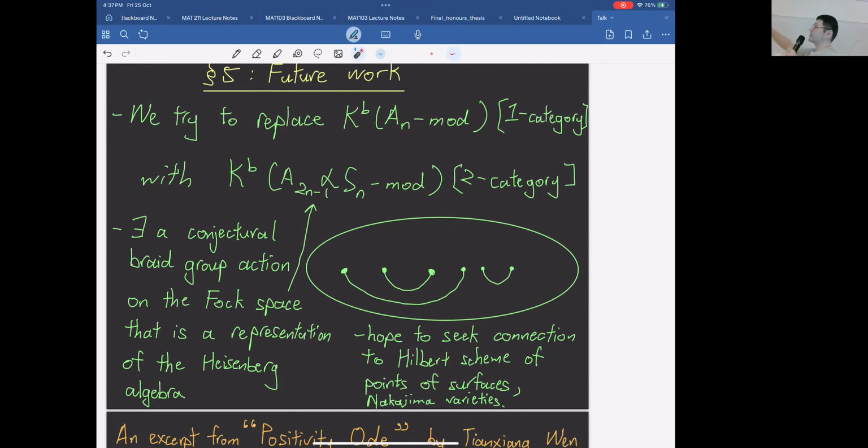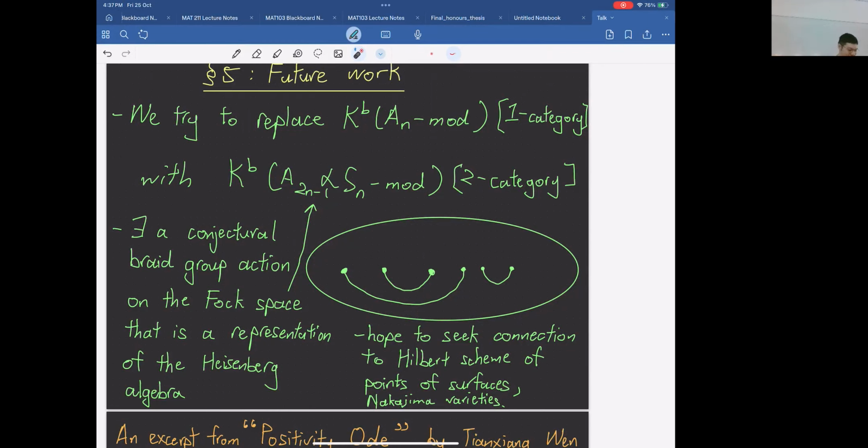Because if you look at this wreath product space here, it is actually a Fock space, which is a representation of the Heisenberg algebra. And this Fock space is quite interesting. It is related to the cohomology of Hilbert schemes and Nakajima varieties. And it's proven that there are Heisenberg algebra actions on these spaces. So hopefully in future we can look more into this.